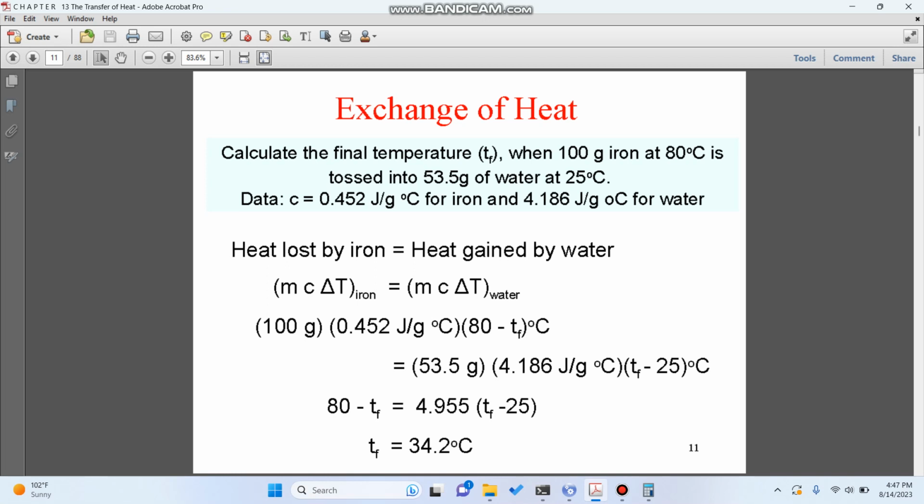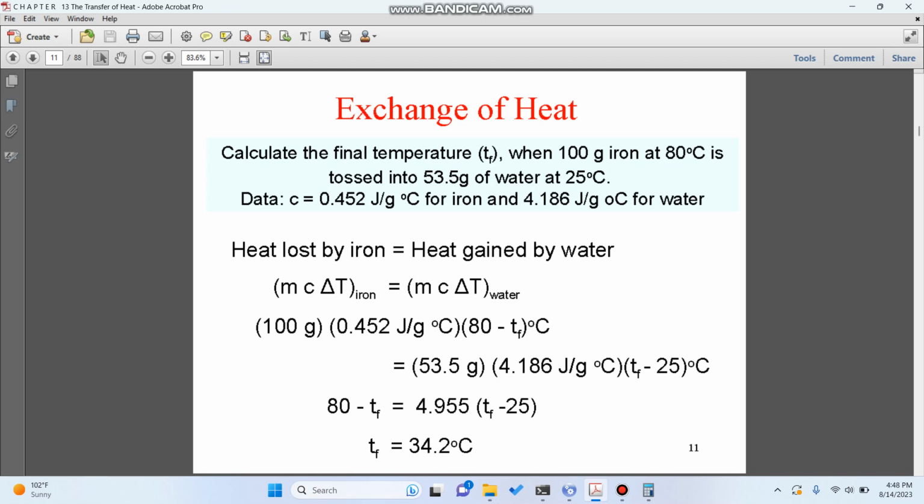So it is 100 gram. Again, we have the value in joule per gram degree Celsius, so I will maintain the 100 value, into 0.452, into 80 minus the final temperature, equals 53.5 into 4.186 into the final minus initial, so it will be TF minus 25, because the temperature of the water will increase.